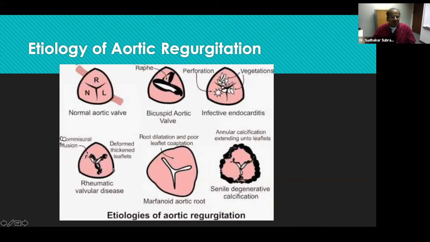Occasionally we see rheumatic disease as a contributing factor. But most commonly, in the adolescent or early adult phase, it's something altering the aortic root. A classical example is Marfan syndrome or Marfanoid habitus, which causes a hugely dilated aortic root apparatus that leads to a significant amount of aortic insufficiency.